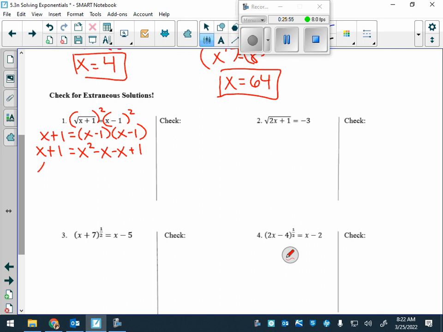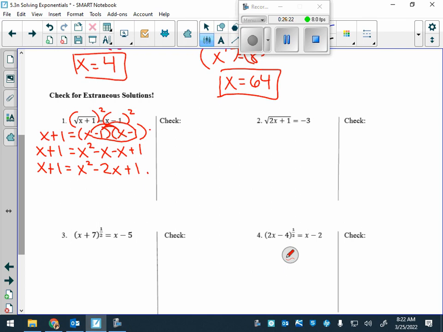Okay? So I'm going to combine like terms. Does everyone see how I went from here to here? Just want to make sure. Right, so we did the first, outer, inner, last. Then we combine like terms.